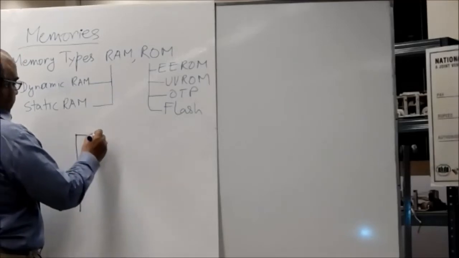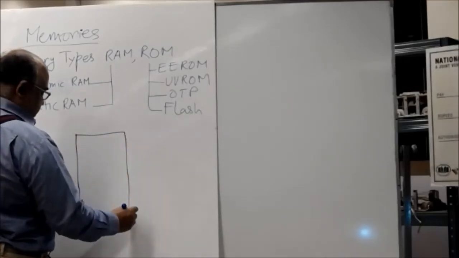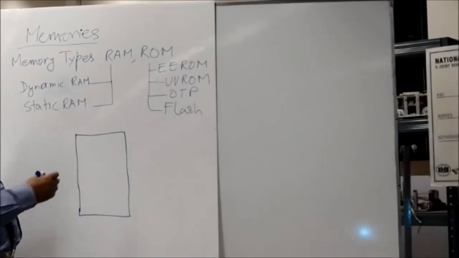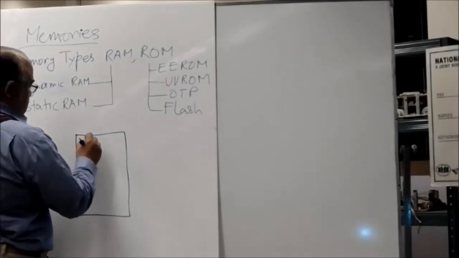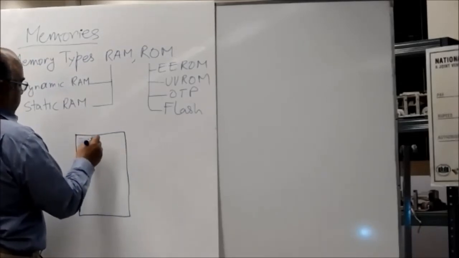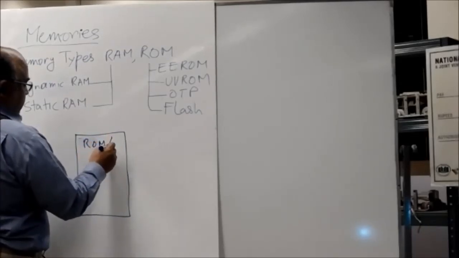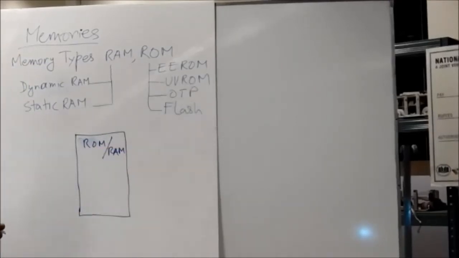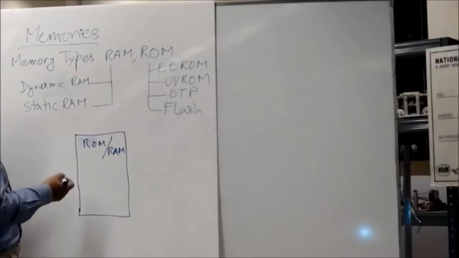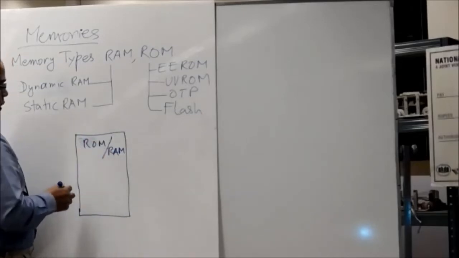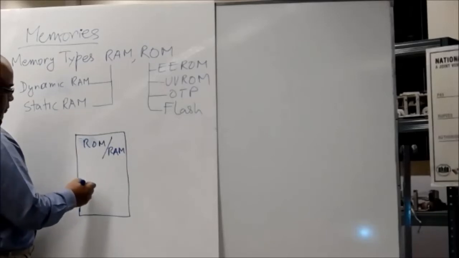Basically, RAM has a very simple symbol. All memories have a very simple model. This is RAM or ROM, ROM slash RAM. The symbolic representation is very simple. You write the ROM or RAM, and here the size is mentioned.